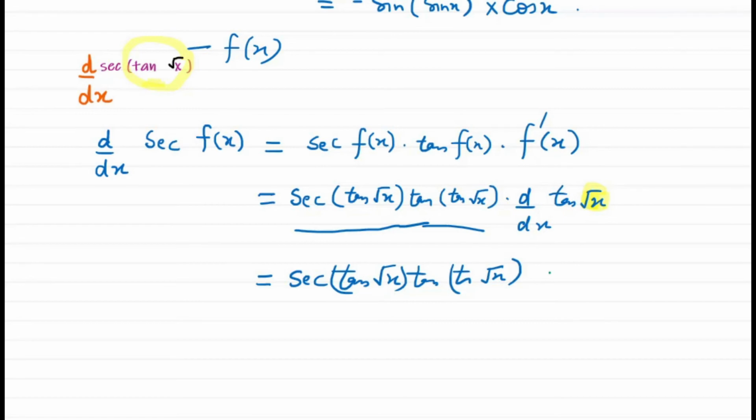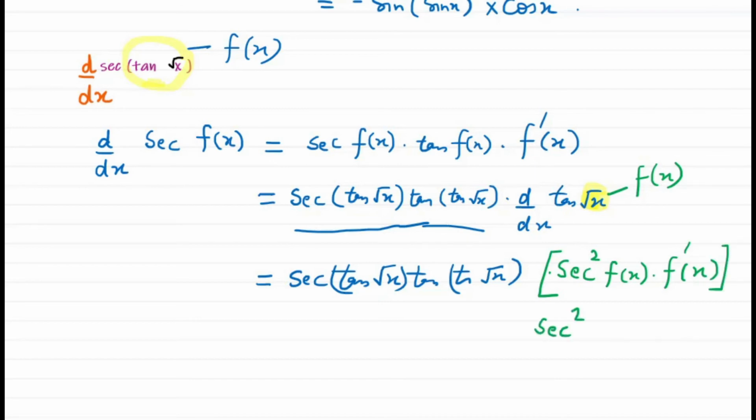So again this one will be how much? Tan of root x, so the differentiation of tan is sec square, so it will be sec square of f(x), and then here this is your f(x), then the differentiation of f(x) again. So sec square f(x) will come, I will write this f(x) later.